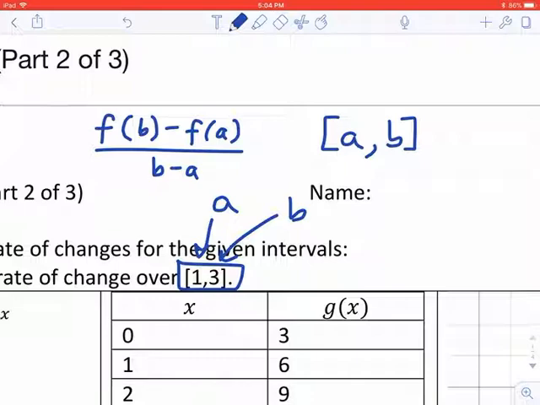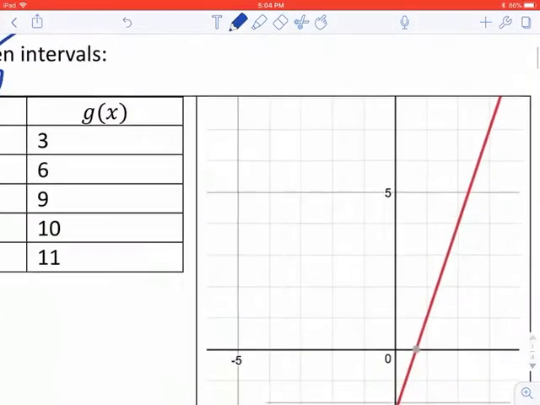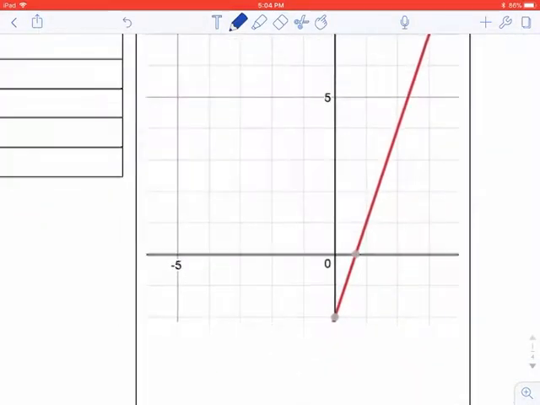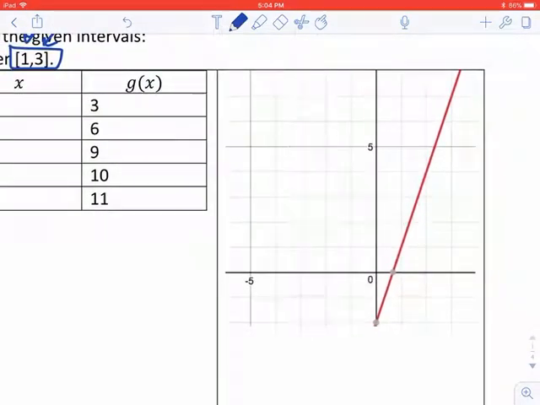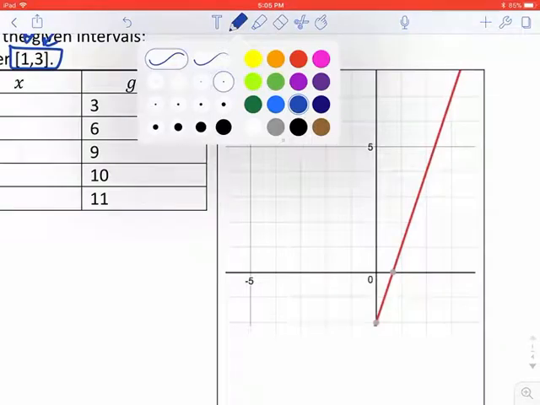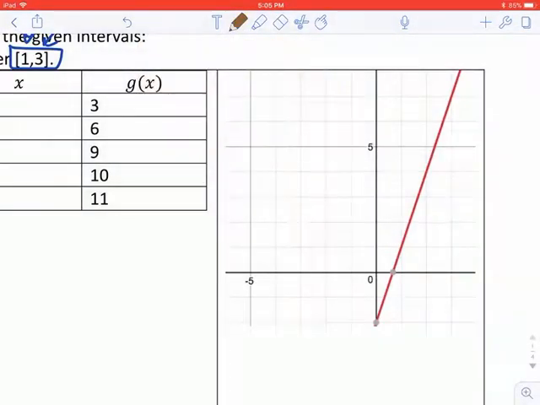If you're looking on a graph, even though in this case the average rate of change will be constant over this interval since it's linear, if it was something different, I would only be looking at the interval from 1 to 3. Actually, I'm a little bit off. That is 4 there.